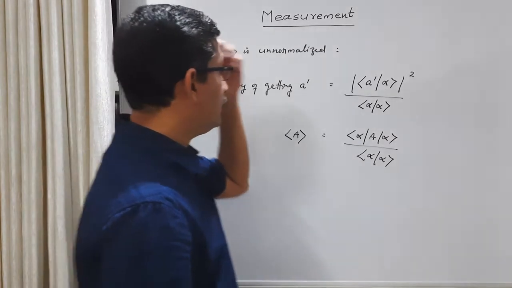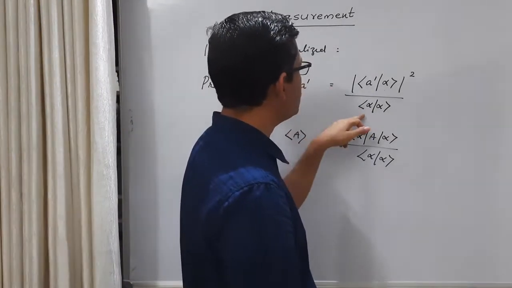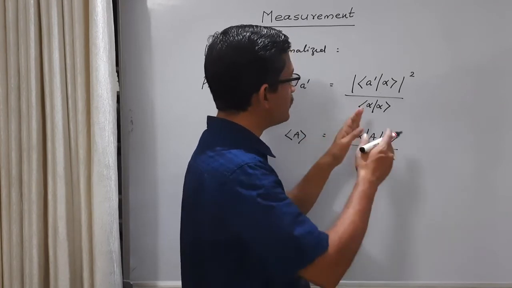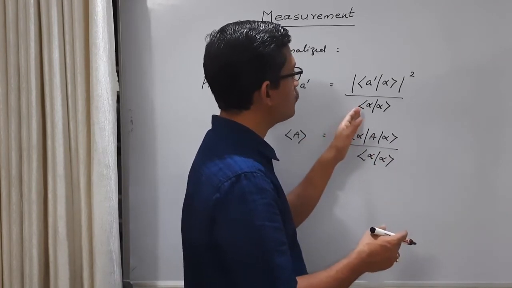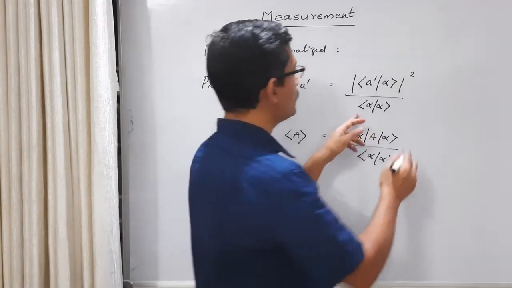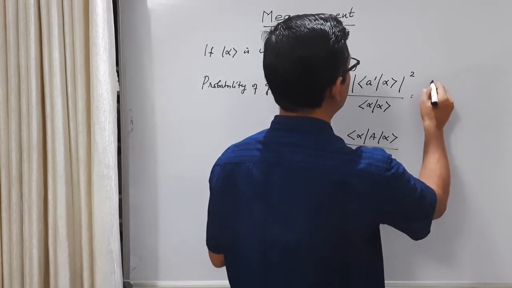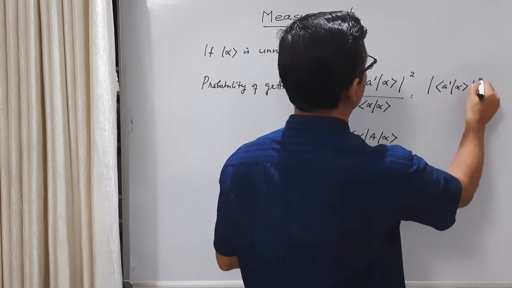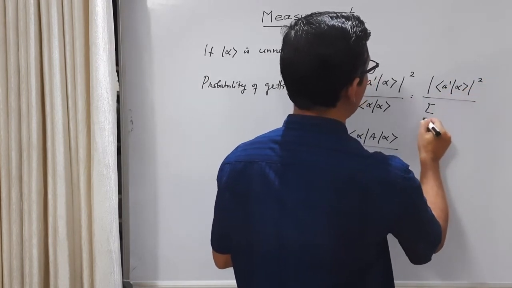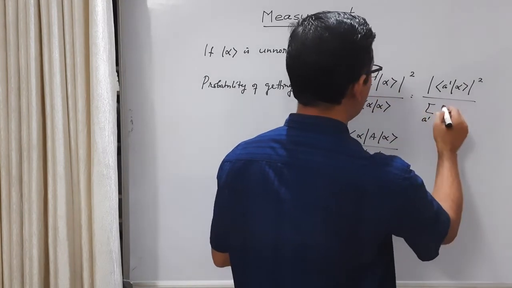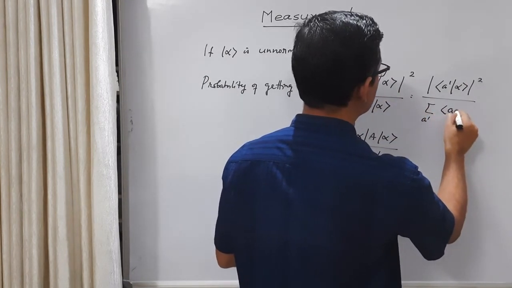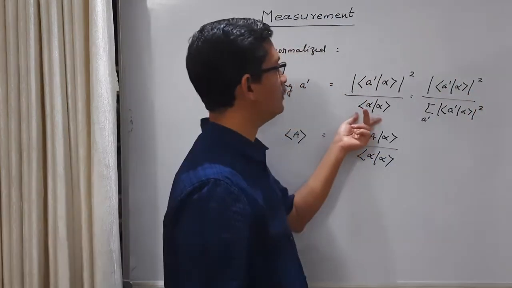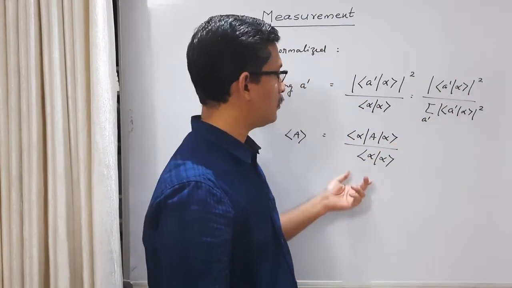So here this quantity, if you express in terms of the expansion coefficients, this will be like this. Numerator is same. This will be sum over A prime, okay, this quantity will be like this here also.